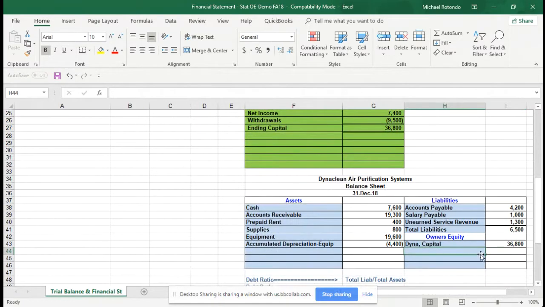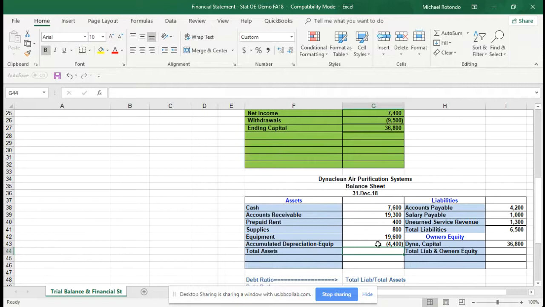So now we can do our liabilities. We have to abbreviate here. And owner's equity. Okay. And on this side, we're going to do our total assets, and they should balance. Remember, assets equals liabilities plus owner's equity. So our balance sheet gives us a summary of our asset, liability, and capital account, and it also verifies the accounting equation.